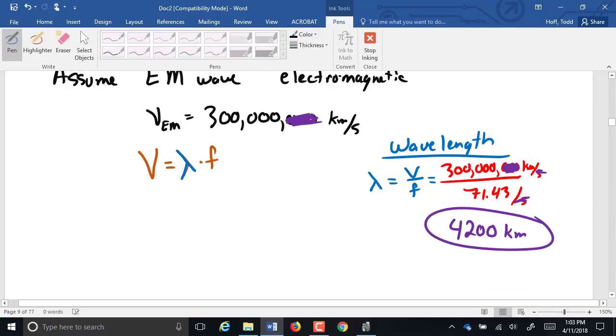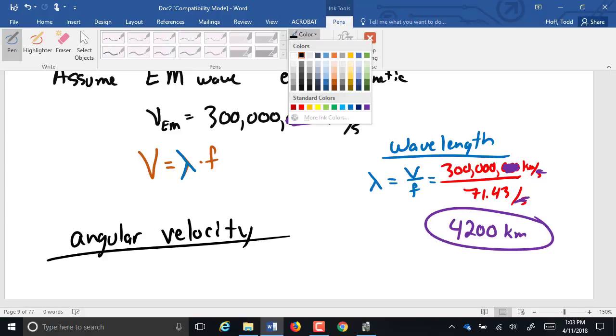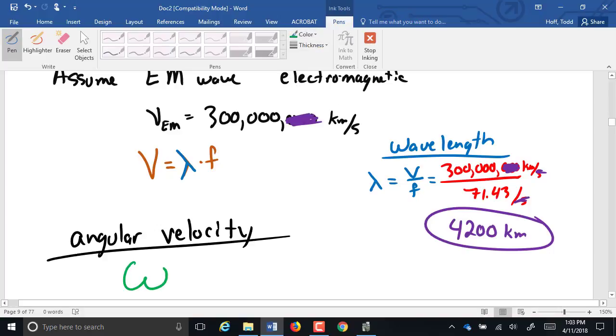What if I ask you for angular velocity? What's the symbol for angular velocity again? Omega. Very good. Omega is 2 times pi times f.